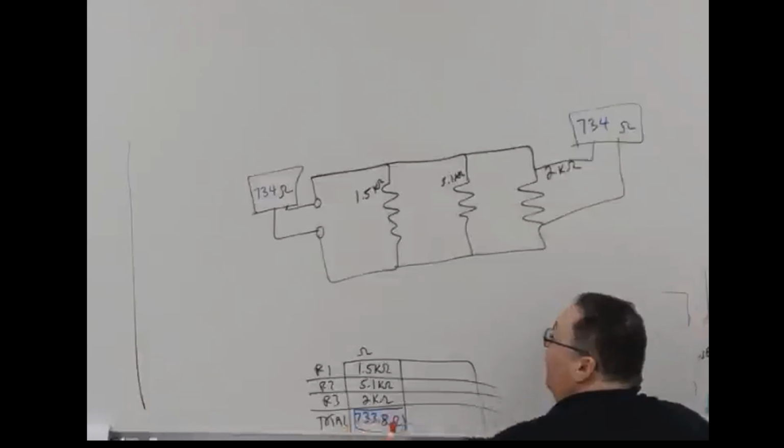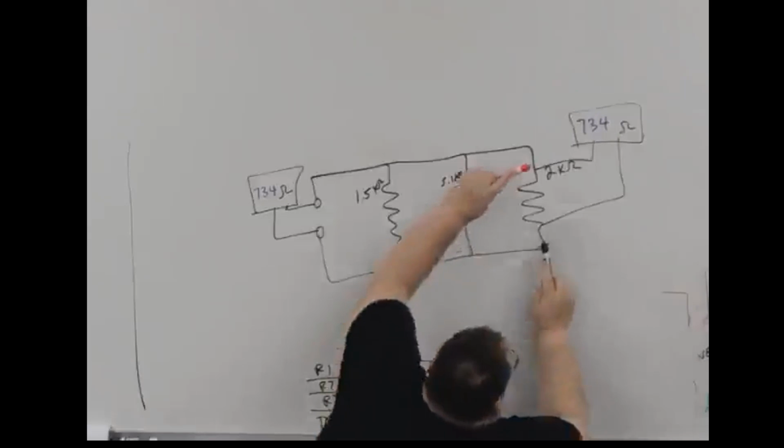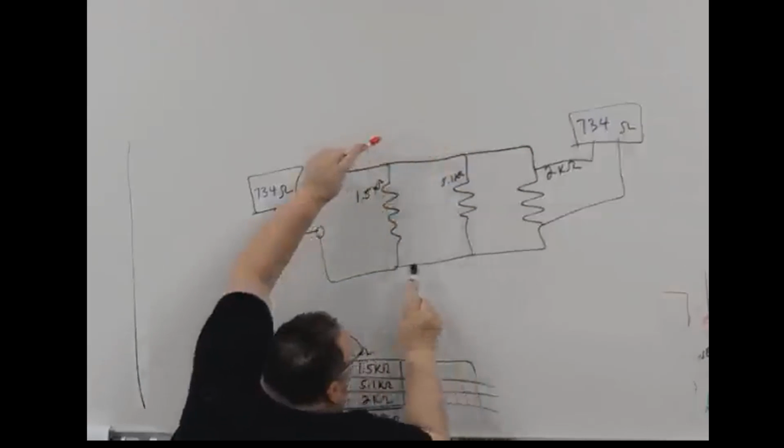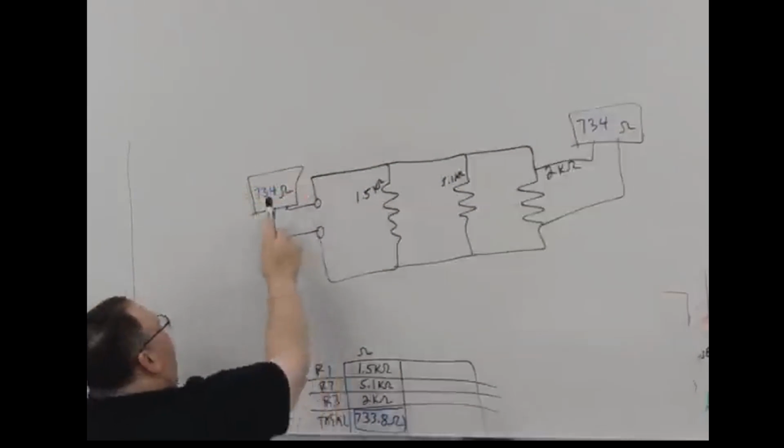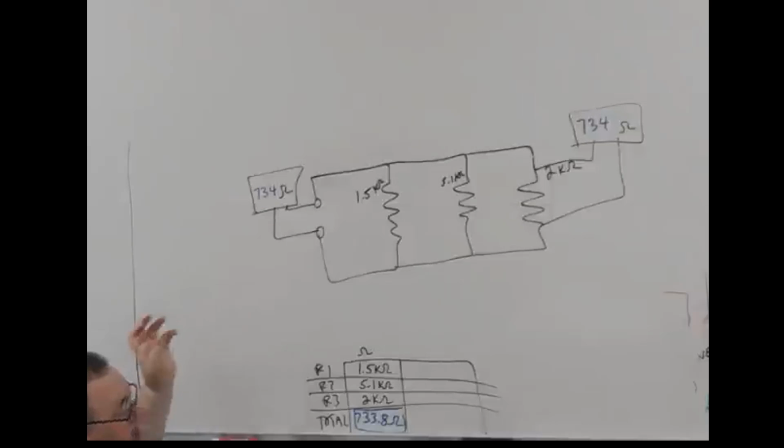It doesn't matter where I put the ohm meter. I can put it here, or here, or here, or here. I'm going to read the same total resistance because they're in parallel. The meter doesn't care what's going on out in the real world. All the meter knows is, what is that total resistance?